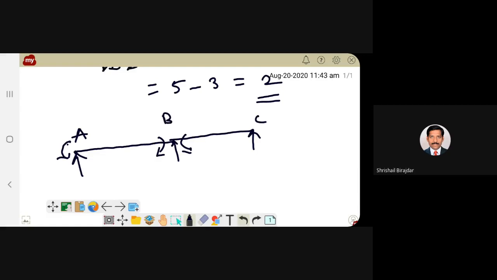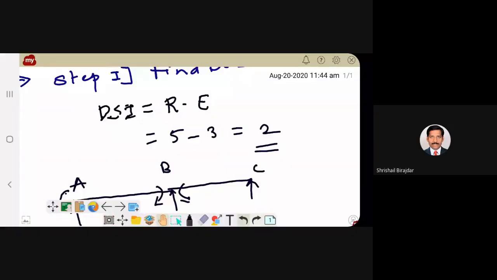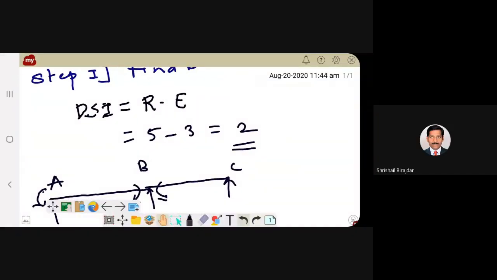Otherwise, you can make sure that you consider the redundant reactions. What are the redundant reactions here? We already found the DSI for this structure is 2.